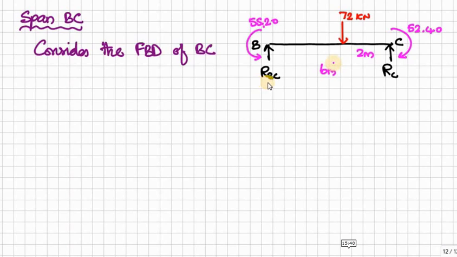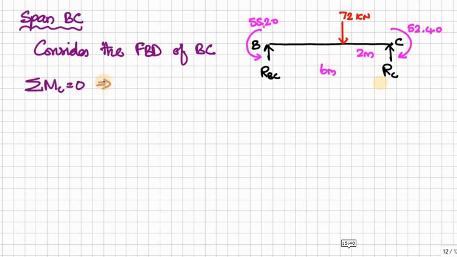Therefore here we have RBC reaction and RC reaction. So it is a determinate structure, therefore we can apply sigma M is equal to 0 and sigma V is equal to 0 to find out the values of RBC and RC.